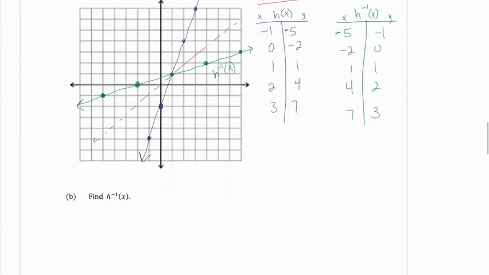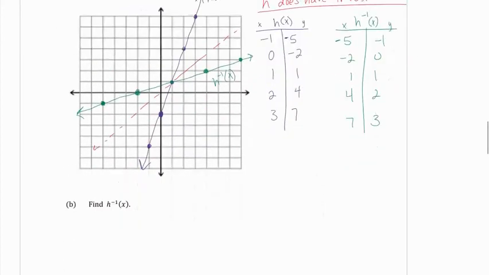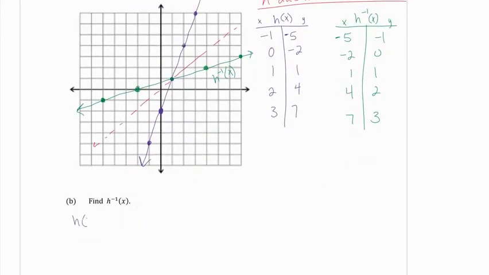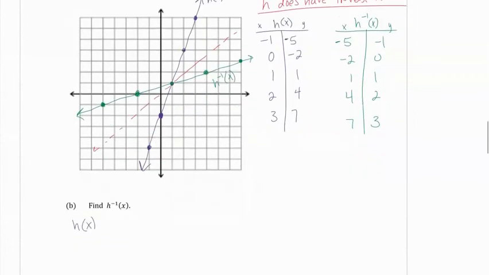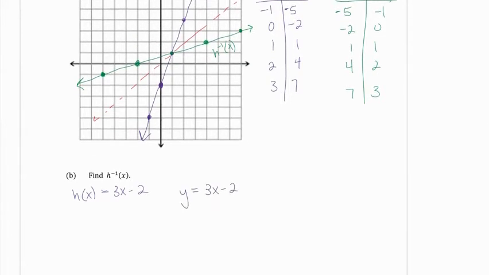Okay, last part, let's actually find the equation for our inverse, right? To do that again, we can take our original function, so h of x was 3x minus 2. I'm going to write it as y equals 3x minus 2. We're going to switch the x and y and then solve for y.